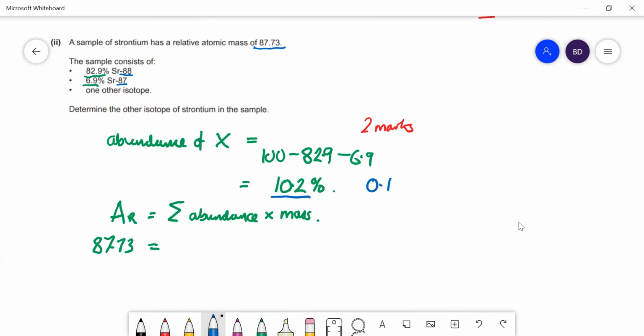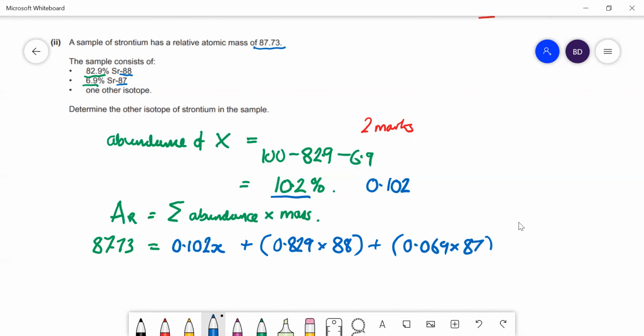So the abundance of X is 0.102, and the mass of X is x, plus the abundance of the other one, 0.829 multiplied by 88, the mass of strontium 88, plus the abundance of the other one, which is 0.069 multiplied by 87.